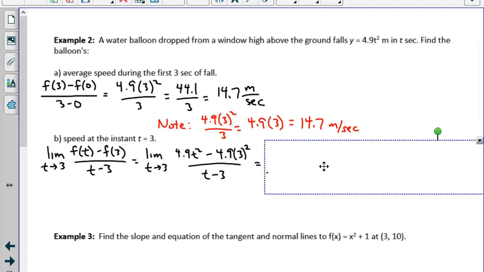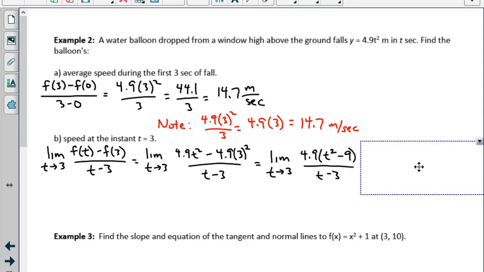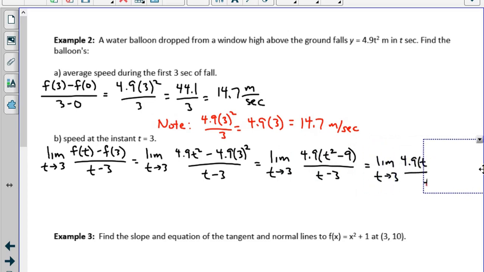So I replace f of t with 4.9 t squared. I replace f of 3 with 4.9 times 3 squared. Remember, the denominator has to cancel. So the easiest way to do this problem is to just factor out a 4.9. And then I end up with t squared minus 3 squared, or t squared minus 9. That's the difference of 2 perfect squares.